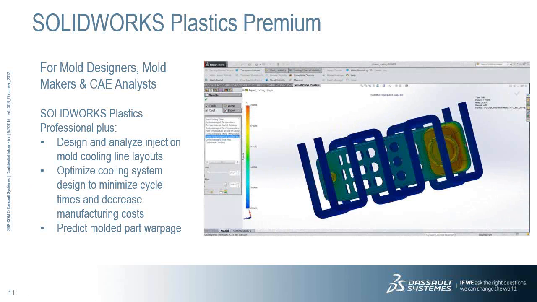It is targeted at mold designers and mold makers, but can also be used by advanced analysts looking to perform in-depth mold cooling and warpage analysis. In simple nomenclature, my standard comes with fill, professional comes with fill and pack, and then premium comes with fill, pack, cool, and warp. All these functionalities are required to deeply analyze the injection molding process.